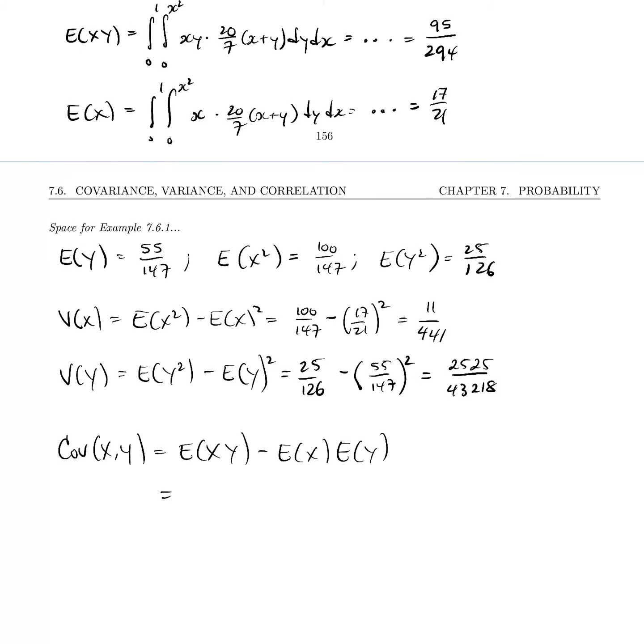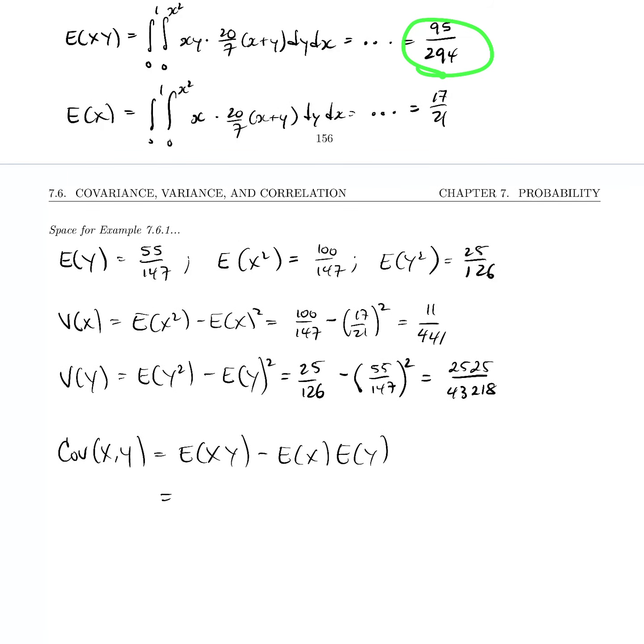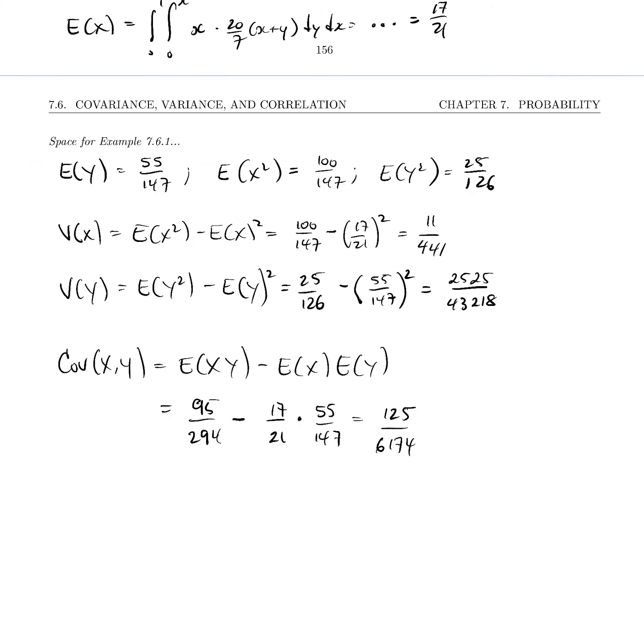So expected value of xy was the first thing up here, so 95 over 294 minus E of x, which is 17 over 21, times E of y, which is my 55 over 147. And so that calculation ends up giving us 125 over 6,174.